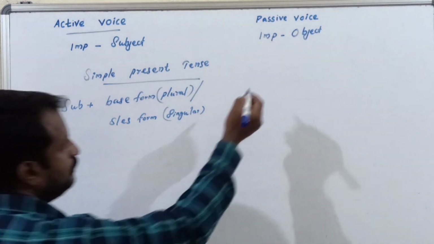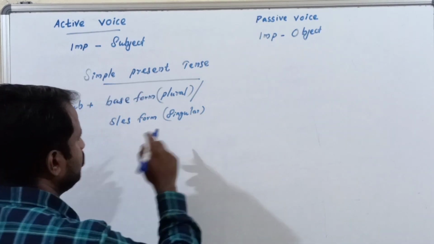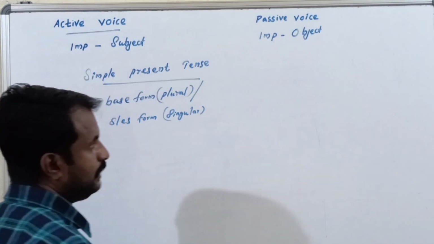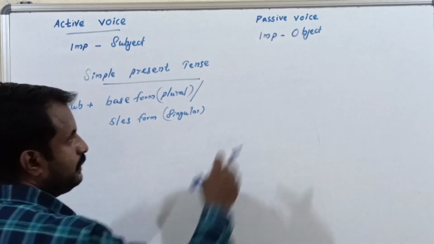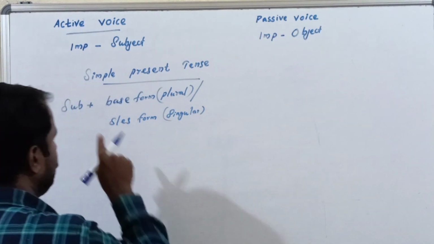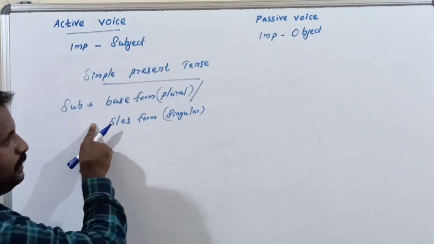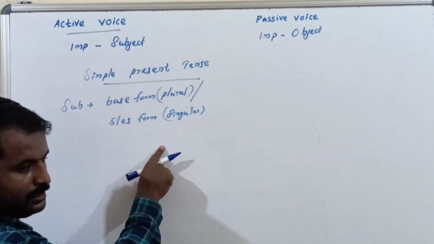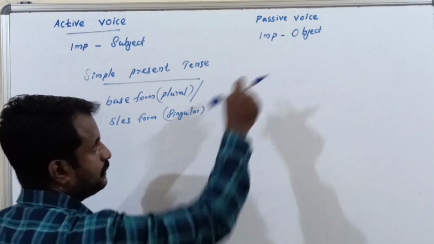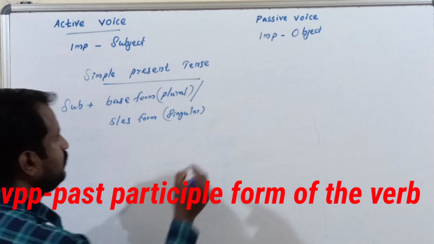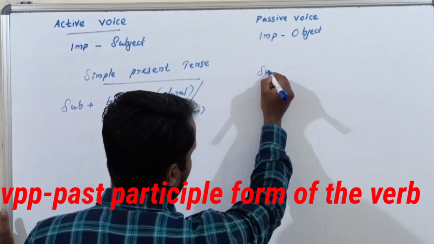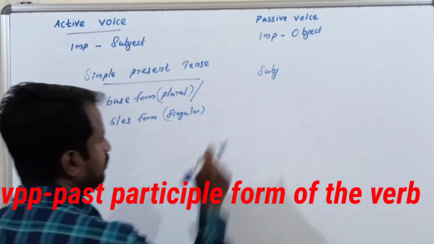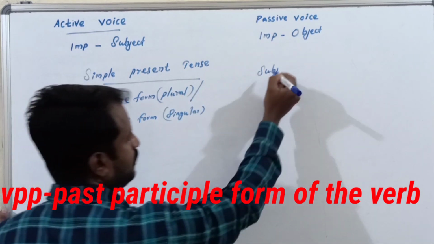And here, passive voice means we are giving importance to the object. It means what is the object of active becomes the subject of passive. That means here also let us write subject only, where the subject means the object of active.